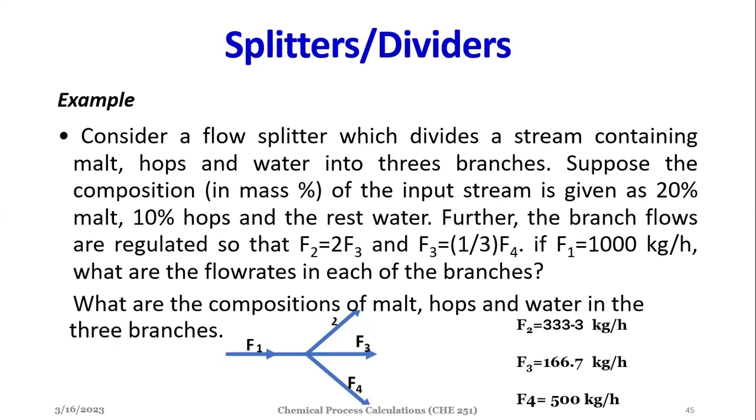The second thing is that we've been given relations for F2 and F3. So I know that F2 plus F3 plus F4 should be equal to F1. So we can see that here. And we know that F2 is equal to 2F3 from the relation that was given in the question. And F3 is also 1/3 F4.